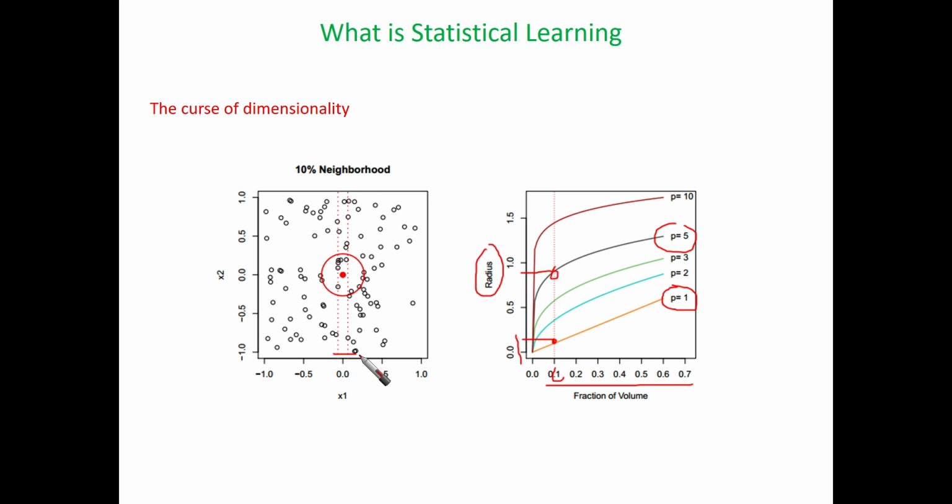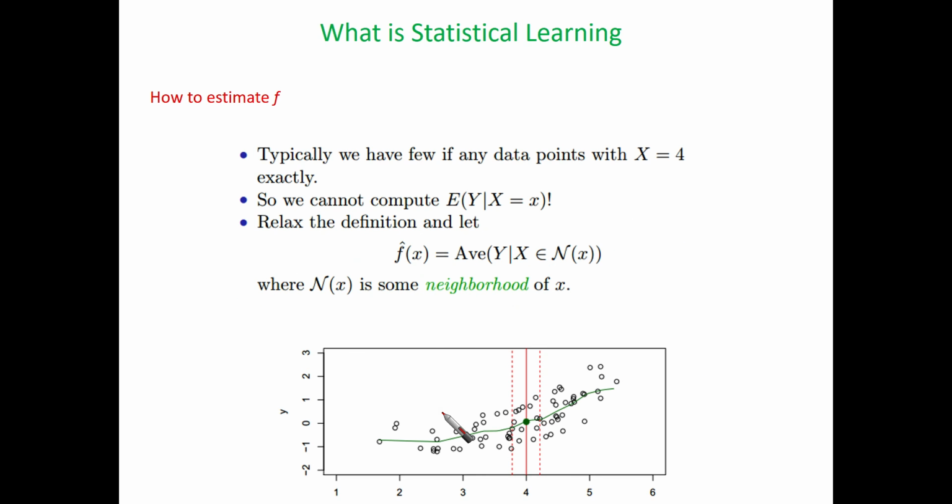So if you take a 0.7 radius, you go up to here and up to here, so it is almost the entire data. If it is almost the entire data, it is not a neighborhood anymore. It is not confined to our local considerations. If you go back here, we were still considering local averaging. Why local averaging?